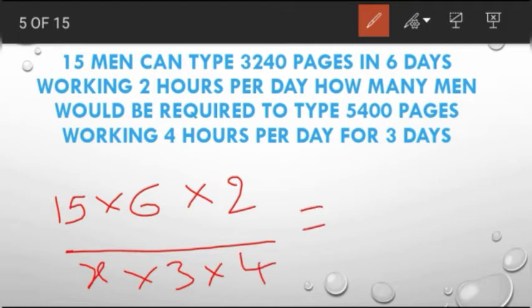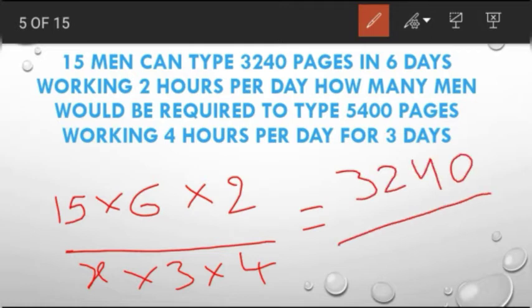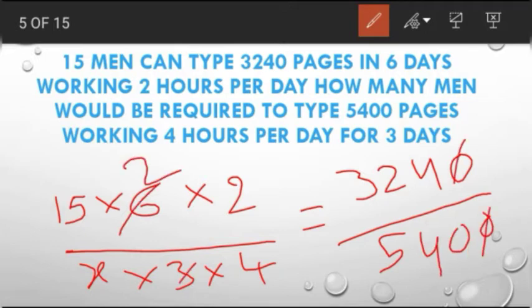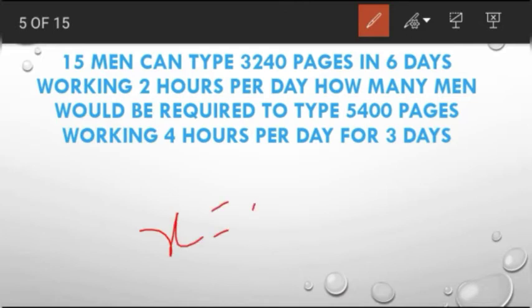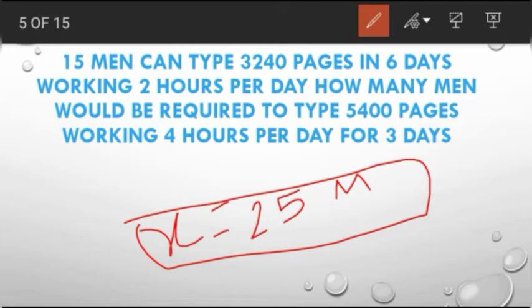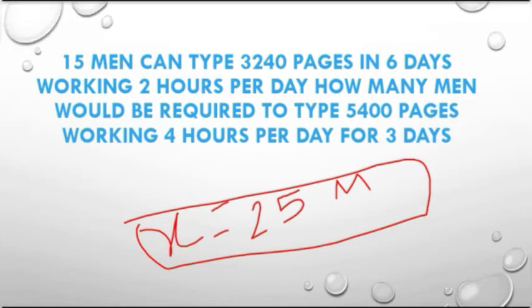What is W1? 3240 by W2, 5400. Okay, let us solve. 2 2's 4 cancel, and therefore X equals 25 men. So we require 25 men. Similarly, we can solve this problem.